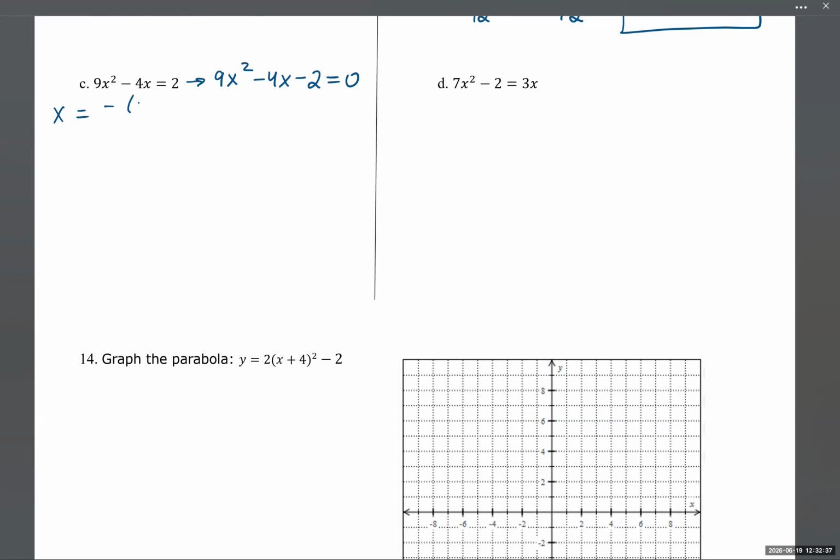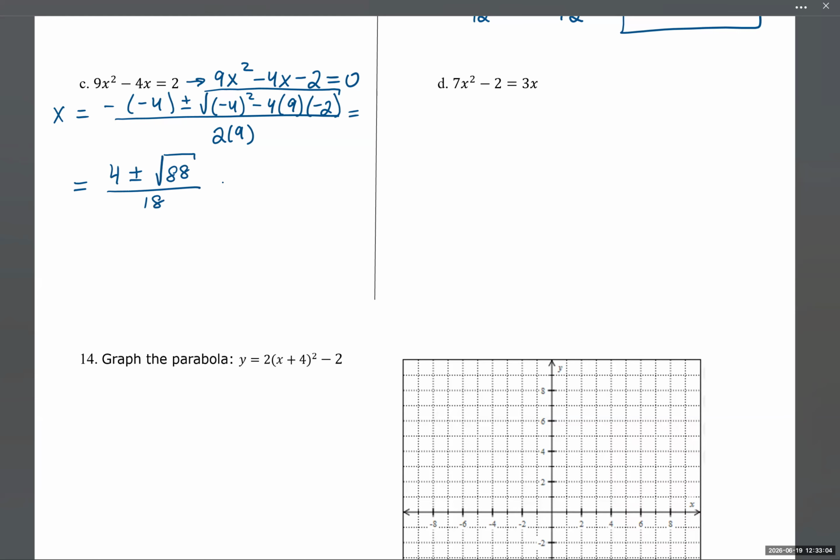X equals minus b, minus 4, plus or minus square root of -4 squared minus 4 times 9 times -2, divided by 2 times 9. Double negative before the 4, that's a positive 4 plus or minus. Calculate everything underneath the radical, that's 88 divided by 18.